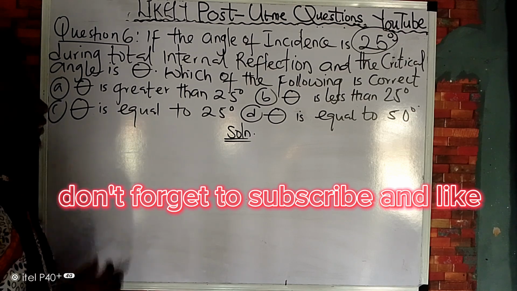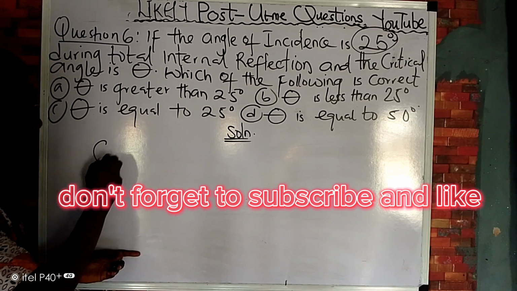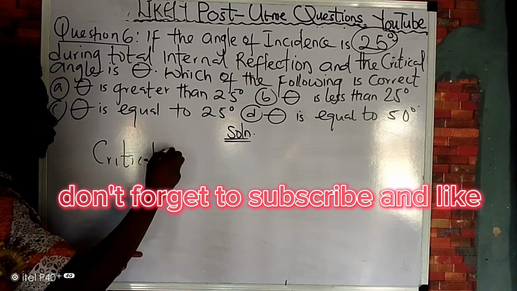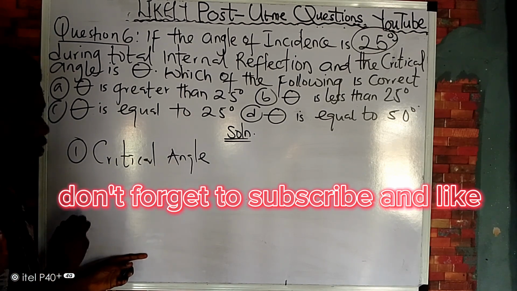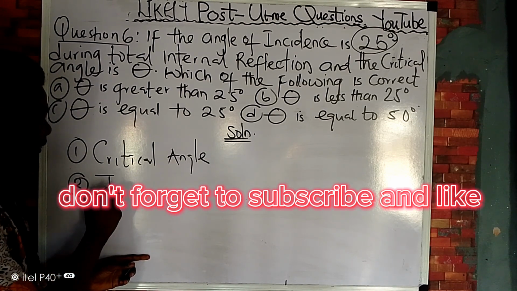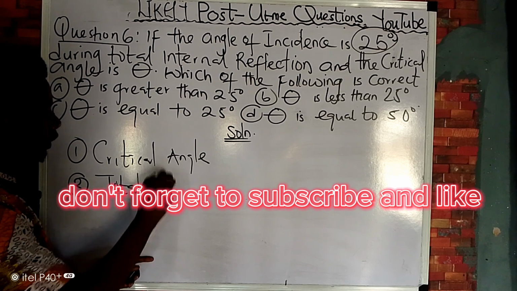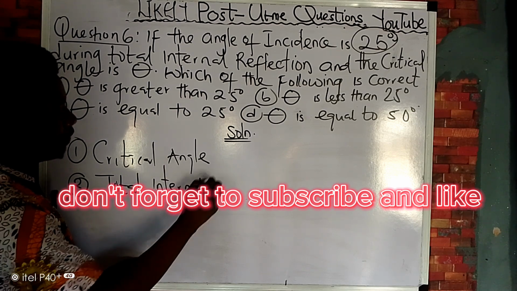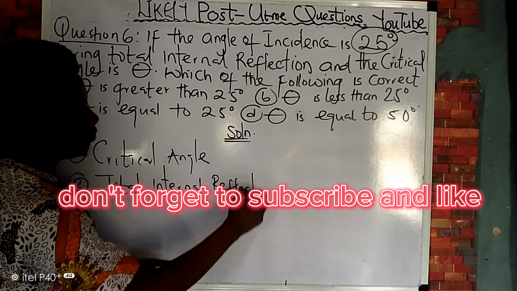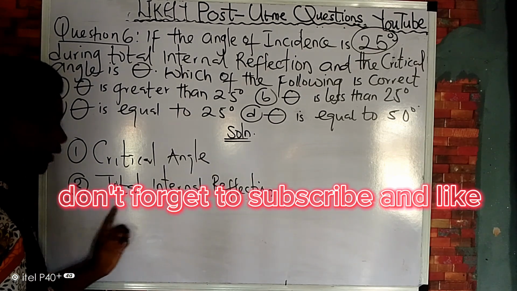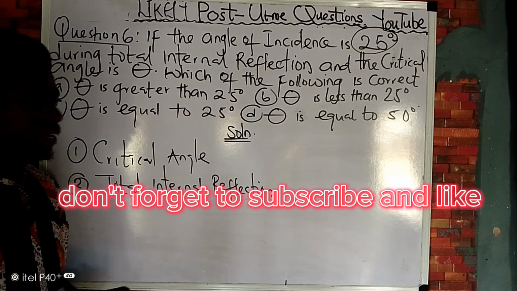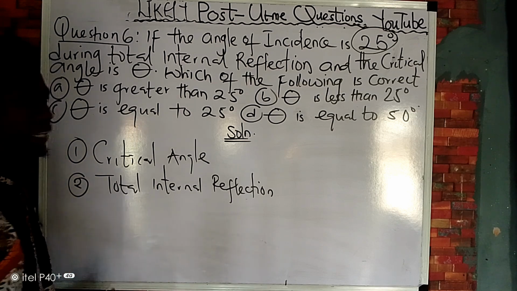Now the question is this: what is critical angle? That's question number 1. Question number 2, what is total internal reflection? Do you understand? What is critical angle and what is total internal reflection? Now get your book and your pen, write this down.